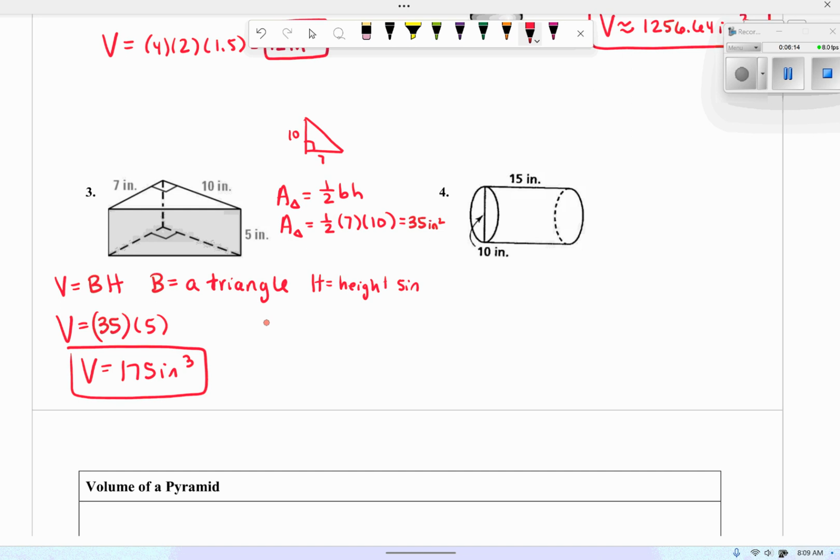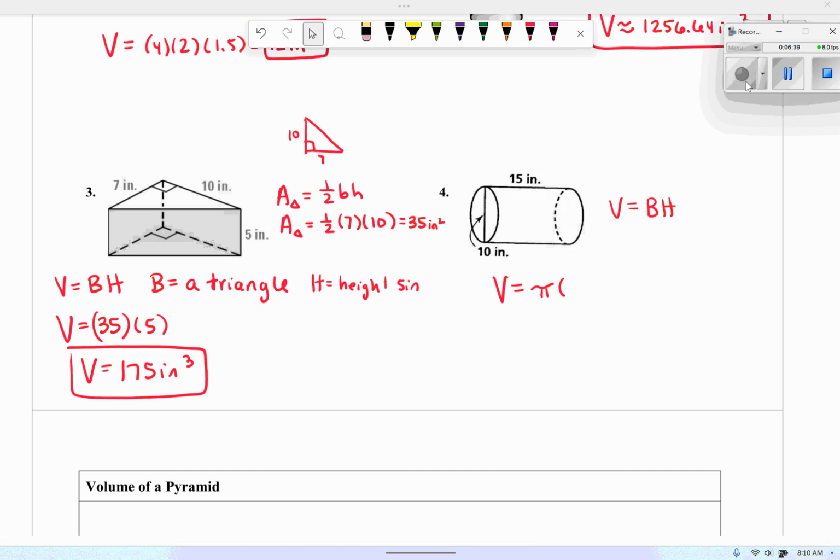And so for this one, again, we know volume equals the area of the base times the height. And the base is a circle. So that tells us then the volume is equal to, remember the area of the circle is pi r squared. So pi times, and then this is saying that again, looks like the diameter is 10.